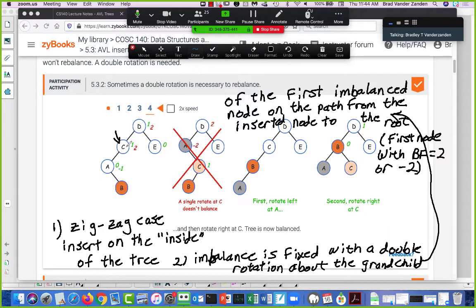So we're looking down toward the node that was inserted. In this case, we first have to go left, and then to get to that node, we would next go right. So that makes it zigzag. If the direction that we go reverses, it's zigzag.